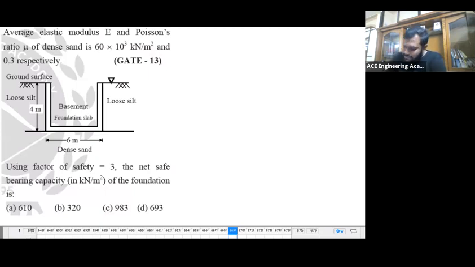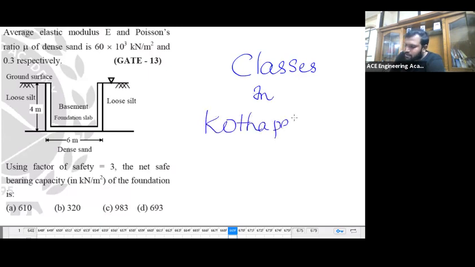So 6th would be the classes for civil. It's in Kottapet. Kottapet. Ace Academy, Hyderabad.